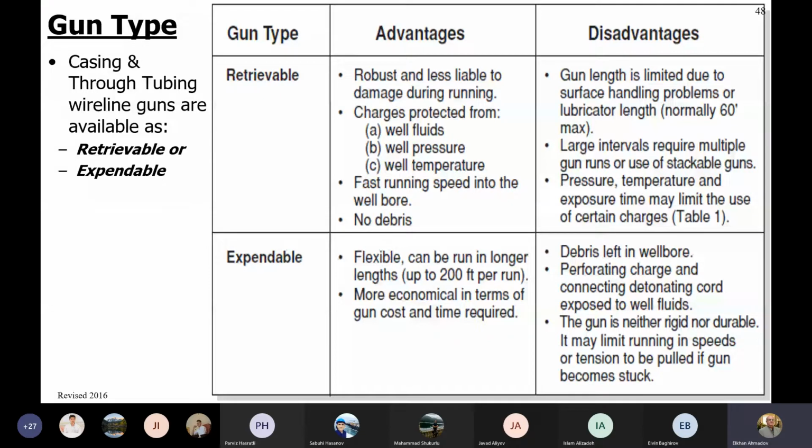Therefore, we have to plan our perforating operations carefully in terms of timing, so we know how long this charge is going to be in the wellbore, and we have to know the temperatures in the wellbore and choose appropriate explosives to avoid any degradation.